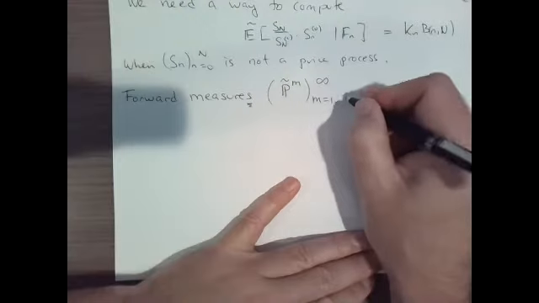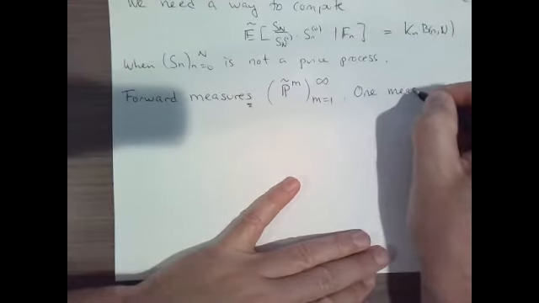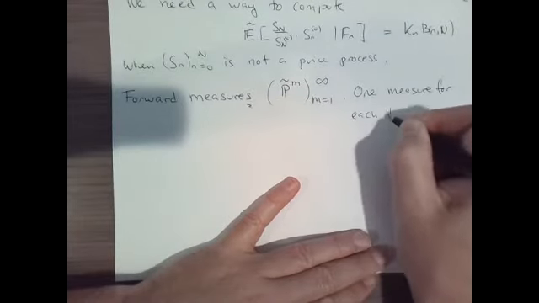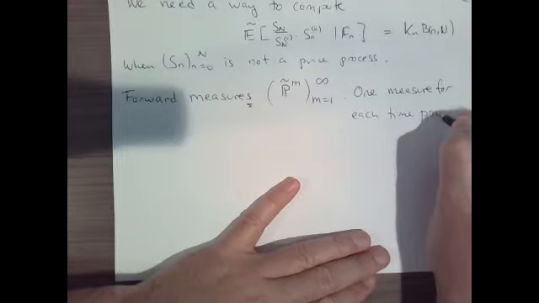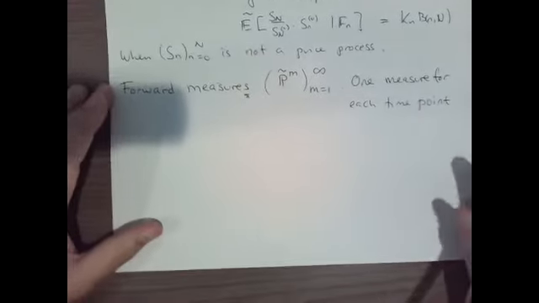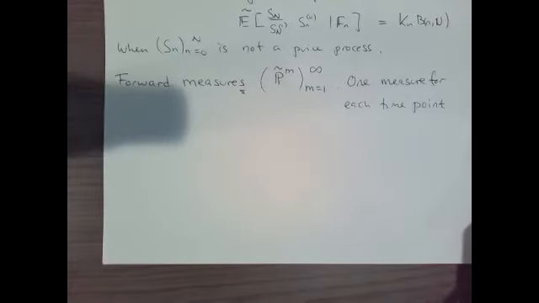There's one measure for each time point. And so how are these guys defined?